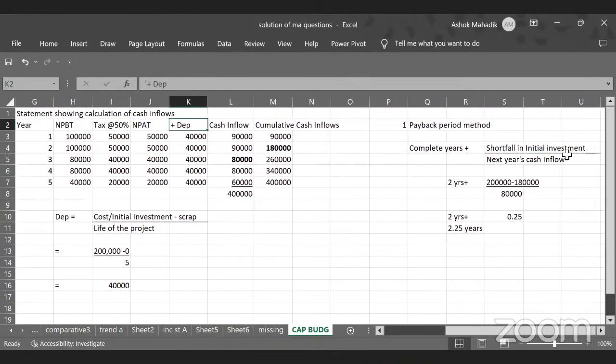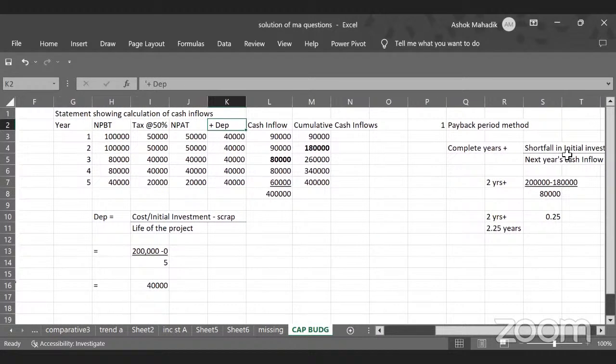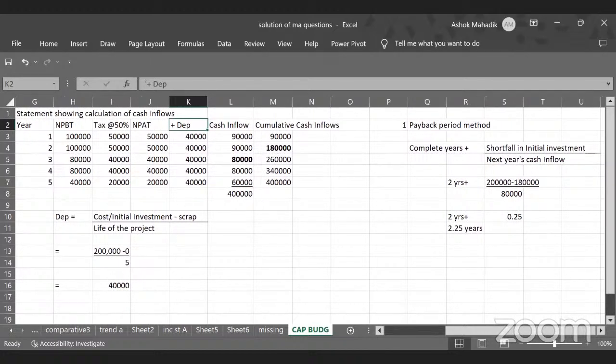Once you make this table, we started with the first method, which is the payback period method. Since the cash inflows are given as 90, 90, 80, 80, had there been one common cash inflow figure for all the years, it would have been much easier to calculate the payback period. Suppose we had 50,000 as cash inflow for all the years, then the payback period would have been very simple, 2 lakhs divided by 50,000, so 4 years.